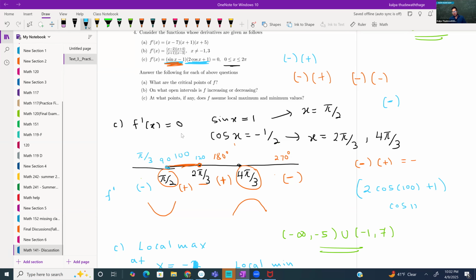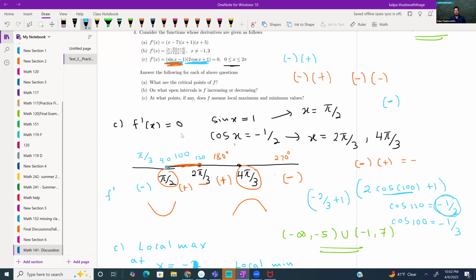Cosine 120 is -1/2, so if the angle is smaller, like 100, the cosine value is greater than this, like -1/3. I'm not telling you the exact value, cos 100 is not -1/3, but it's something greater than -1/2. So if you plug that back, you can see this is a positive number.